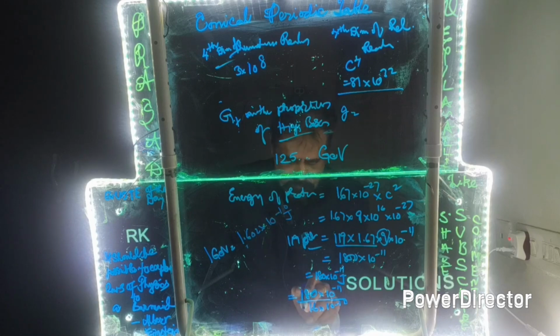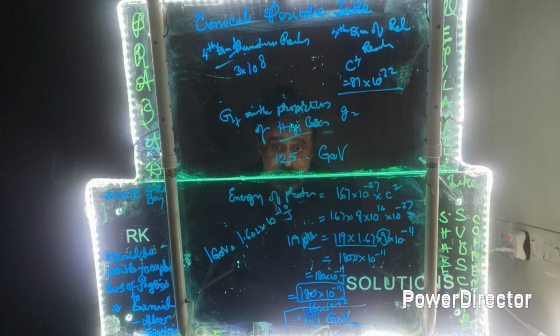Dividing the energy in joules by this, we will get 111 giga electron volts.